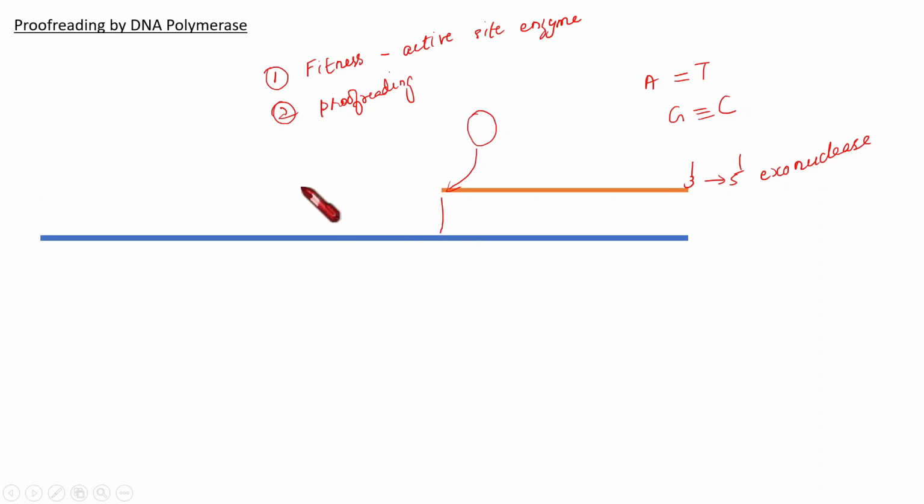And the gap generated because of the removal of the RNA primer is filled by the DNA polymerase itself by further addition of nucleotides. So even after resynthesizing this portion, some nick, some space remains here, and this space is sealed by another enzyme, that is ligase, DNA ligase.